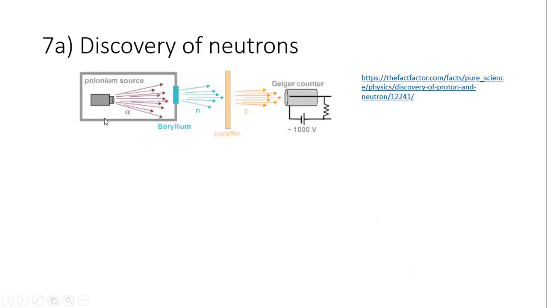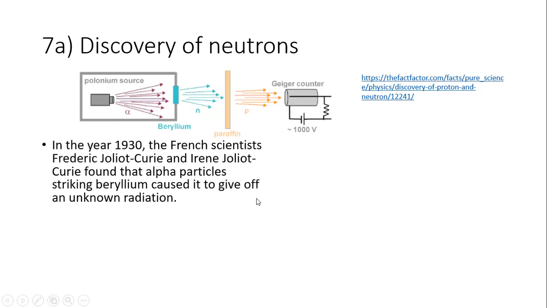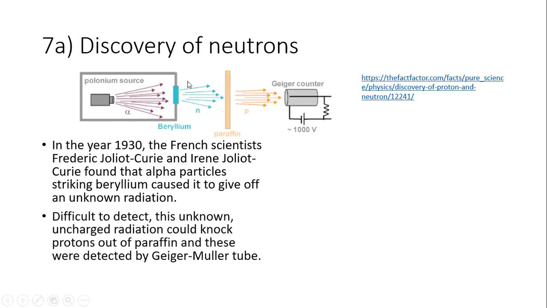Discovery of the neutron. There's your polonium source, giving out alpha particles that hit the beryllium, and then neutrons are produced. They pass through paraffin, which produces protons, and then you can use a detector to detect them. In 1930, the French scientists Frederic Joliot-Curie and Irene Joliot-Curie found that alpha particles striking beryllium cause it to give off an unknown radiation.